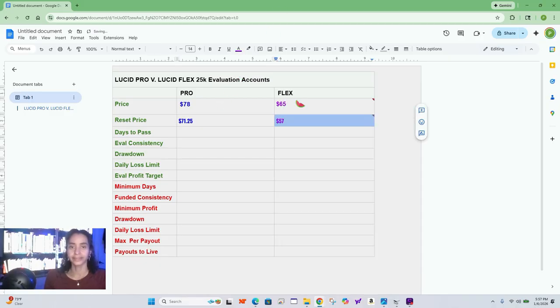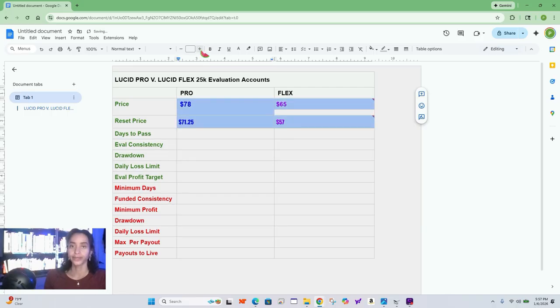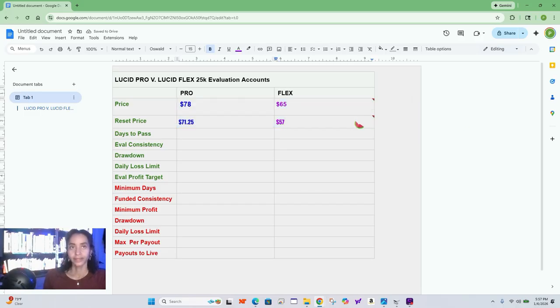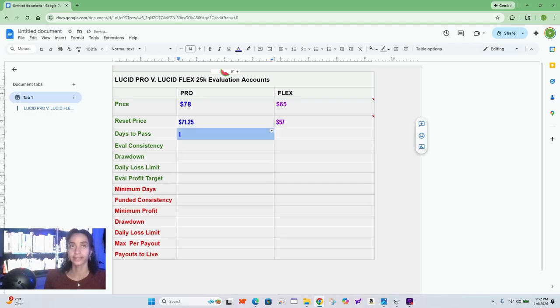I don't know why the Flex is so much cheaper, but the reset price for the Pro is $65, and the reset price for the Flex is only $57. These prices for Lucid are very, very competitive, and I really appreciate their pricing model.